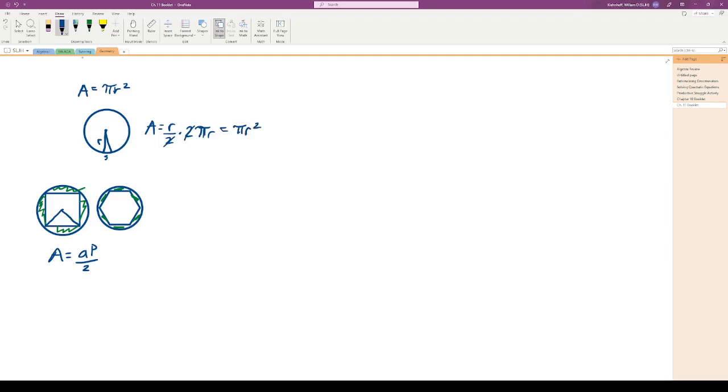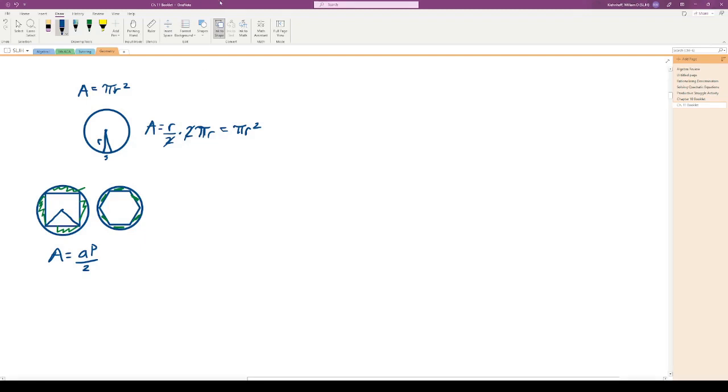So the pi r squared formula is basically the exact same formula that we were using for a regular polygon. The radius is the same as the apothem, and the perimeter of a circle is 2 pi r. I know you already know pi r squared, but hopefully this helps you appreciate a way to understand it in terms of the things we've learned this year.